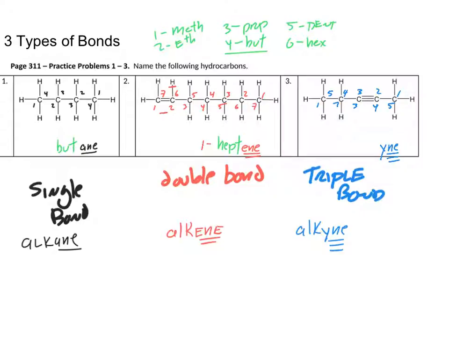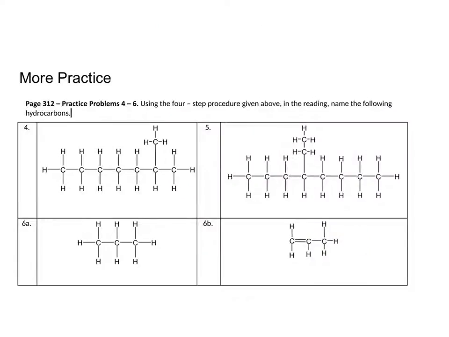So it's 5 carbons long, so I'm going to call it a pent. So it's a pentyne, and we have to tell the world where the triple bond is located. And the triple bond is located either between the third and the fourth, or the second and the third. So we're going to call it a 2-pentyne. So that's the basics of how we name straight chain hydrocarbons.